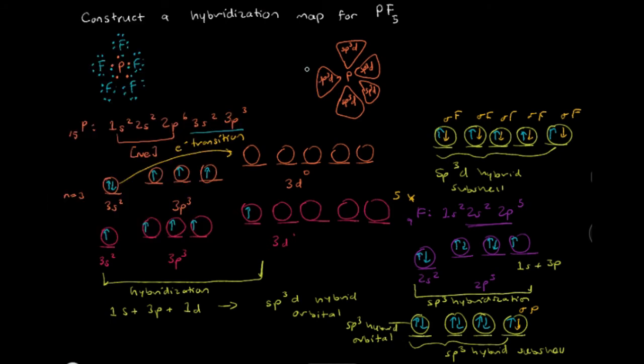So this is sp3 hybrid, and this should be tetrahedral in its structure. Because we basically have 3 lone pairs and 1 bonding electron, this should tend to be linear.